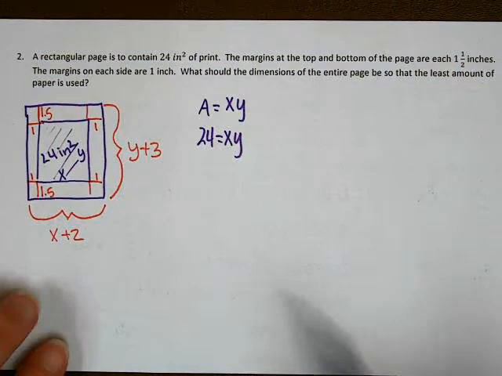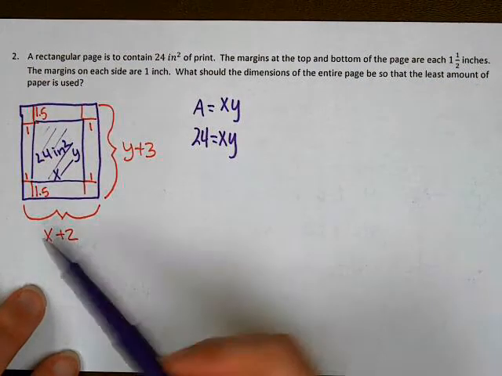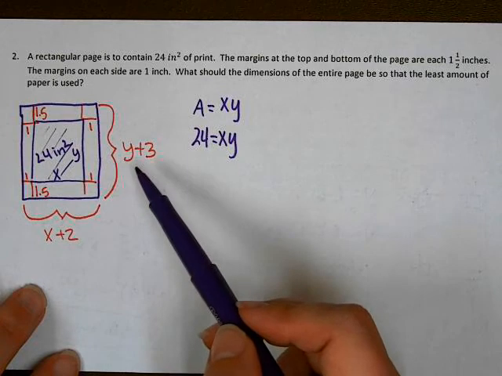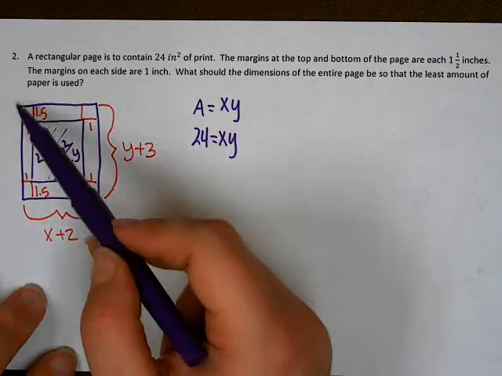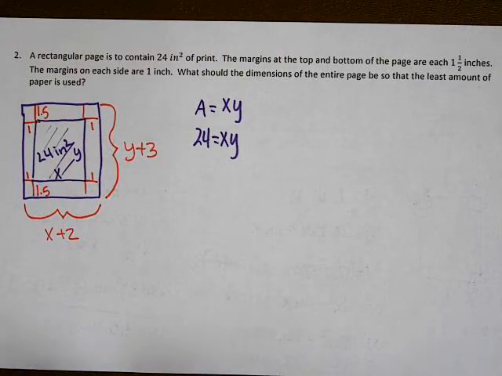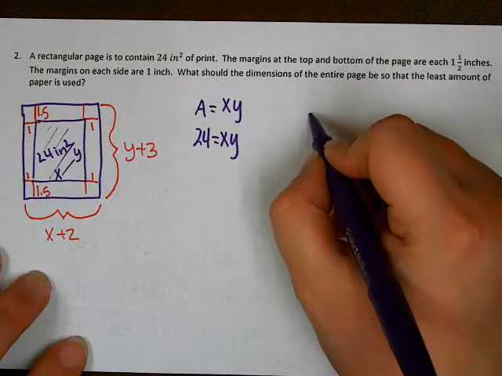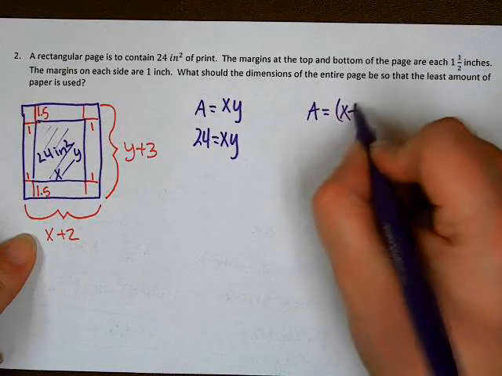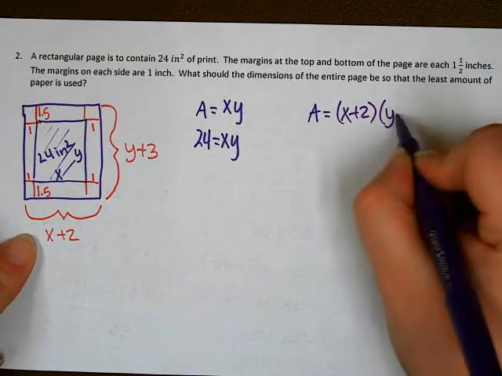Okay? But we're looking at the dimensions of the entire page. That's this X plus 2 by Y plus 3, whatever this thing is. Okay, it's this whole purple thing around it, including the 24 inches squared. So we need to look at the area of that whole thing, which is X plus 2 times Y plus 3.